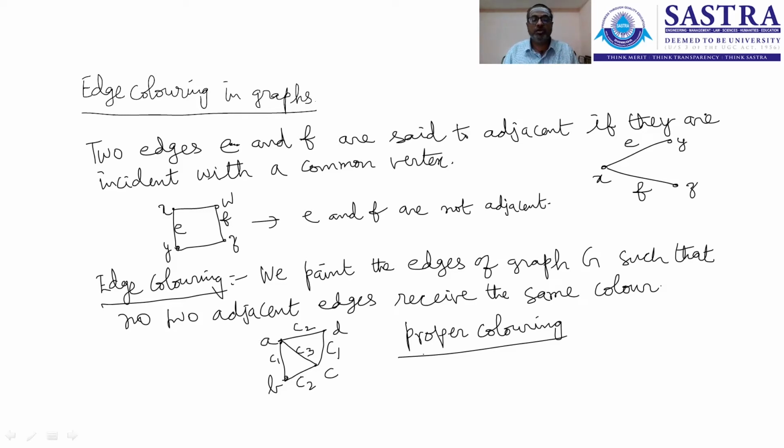Now if you look at this edge coloring, it partitions the edge set. For example, I write the edges which are colored C1 in one group, and then I write the edges which are colored C2 in another group, AD as well as BC, and I have separately another edge AC.